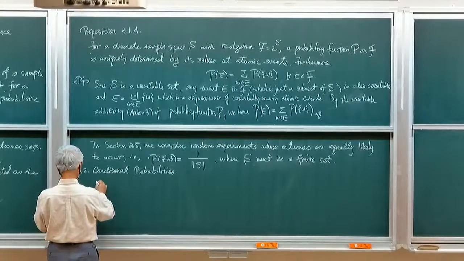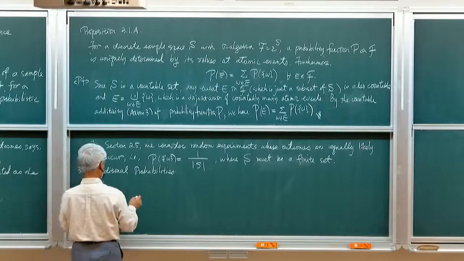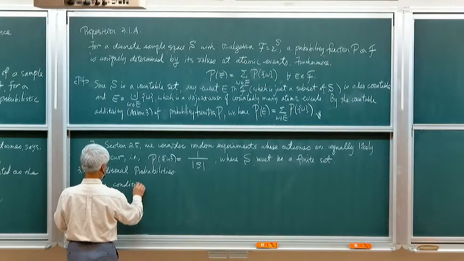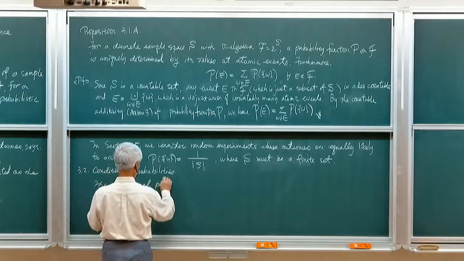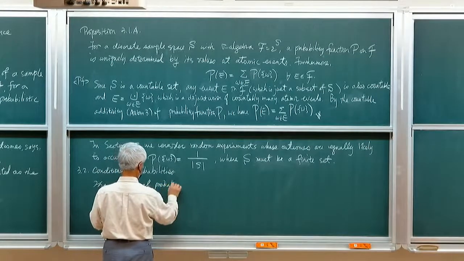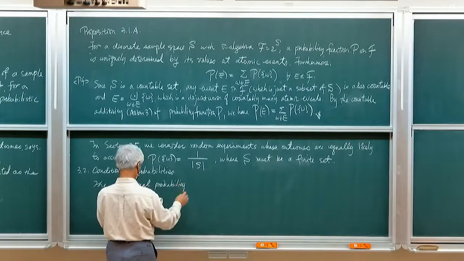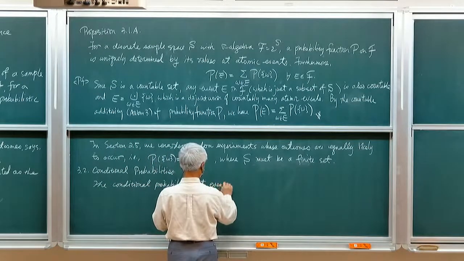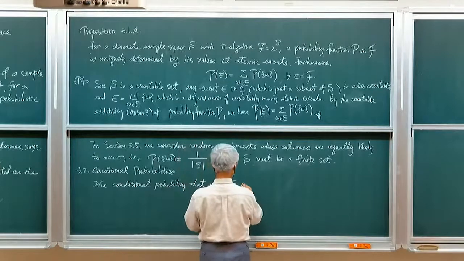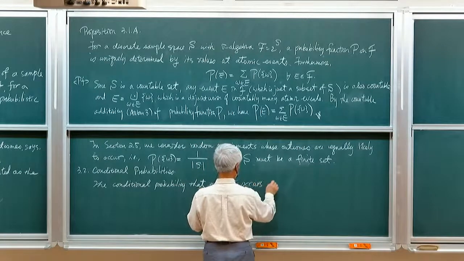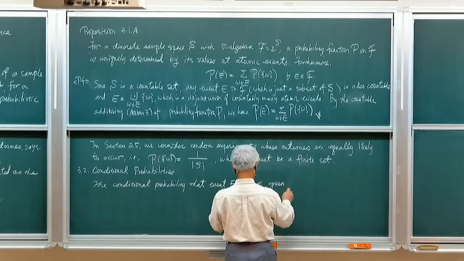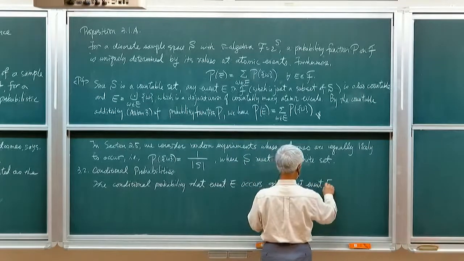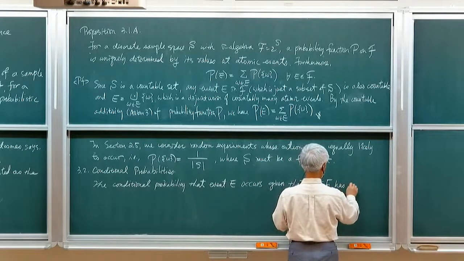All right. So now I define conditional probability as follows. The conditional probability that event E occurs given that event F has occurred.